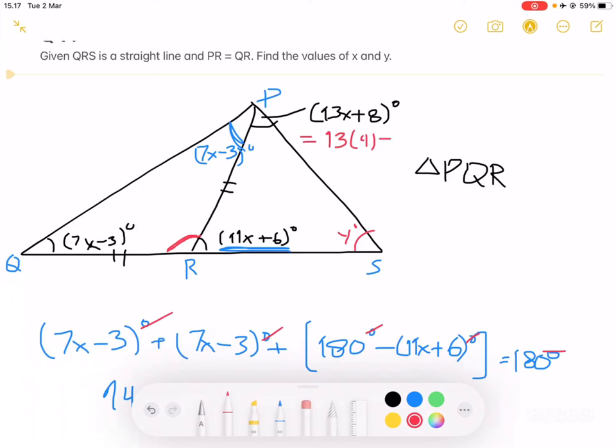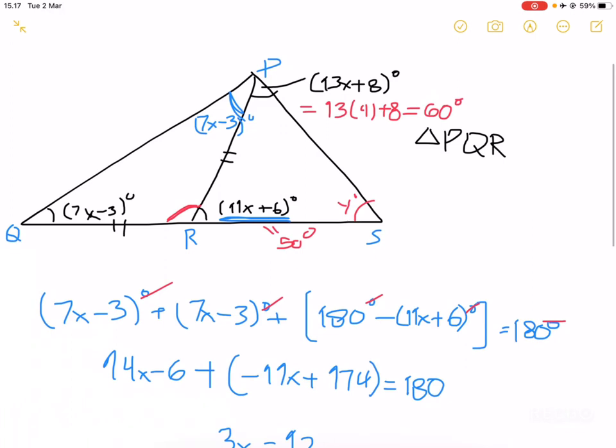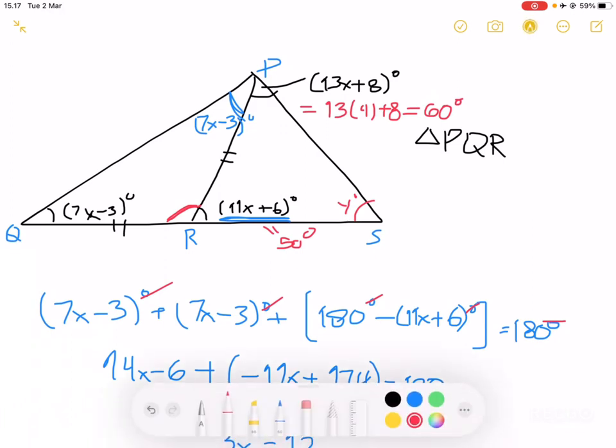So this angle will be 60 degrees, and this angle will be equal to 50 degrees. And therefore, we can immediately notice that y must be equal to 180 degrees minus 60 degrees minus 50 degrees, which leaves us y is equal to 70 degrees.